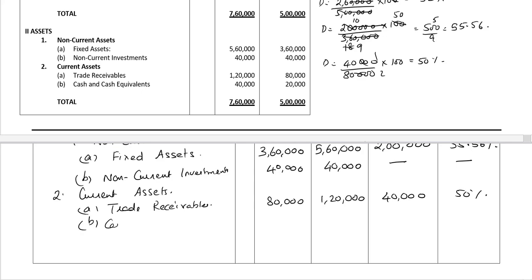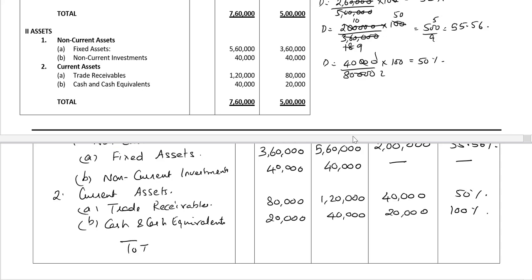B, cash and cash equivalents. First column is 20,000, 40,000. The difference is 20,000 and the percentage change is 100%.